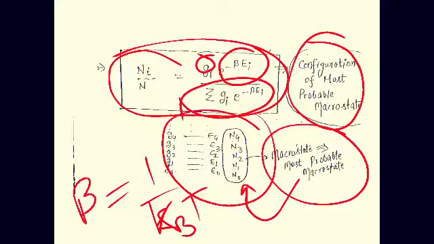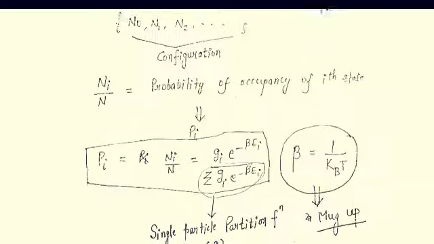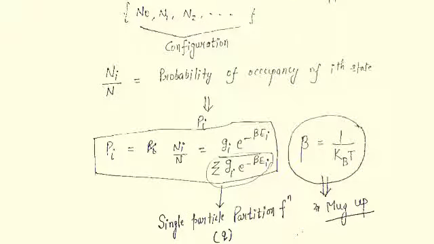Alright, now moving to the next slide, what is given here. There I had introduced the concept of configuration. What we call the configuration, I had said, are the microstates. Microstates are basically the number of particles in each energy state.